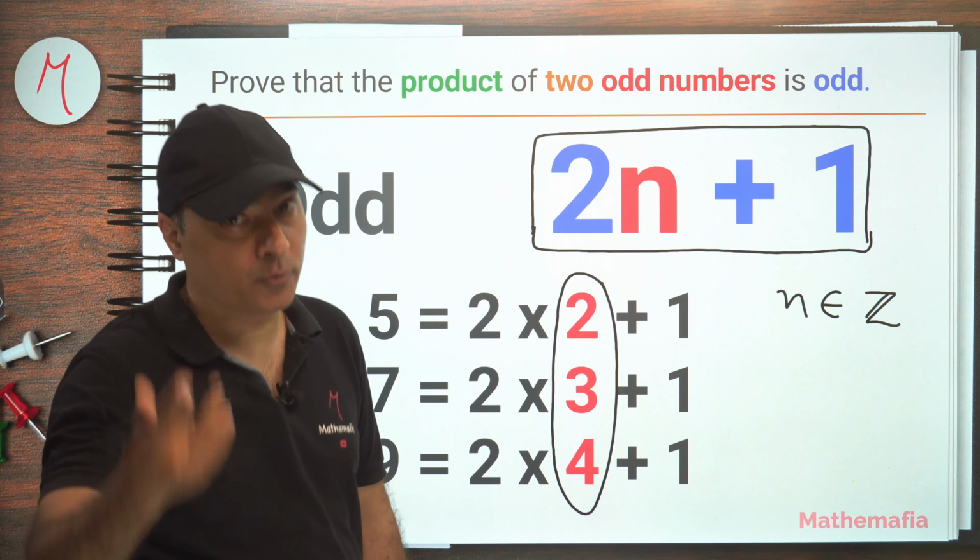So let a and b be the two odd numbers, okay? So if a and b are two odd numbers, then definitely I can write a as 2n plus 1 and b can be written as 2m plus 1, where both n and m are integers.